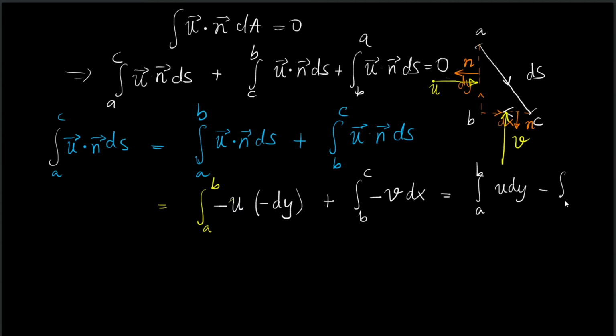minus the integral from B to C of v dx. And u by definition is del psi del y, and v by definition is minus del psi del x.